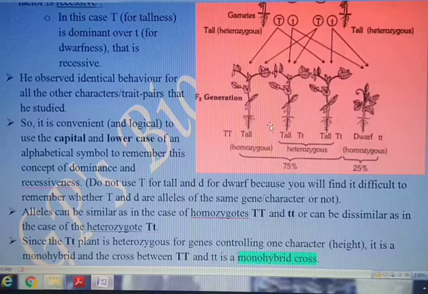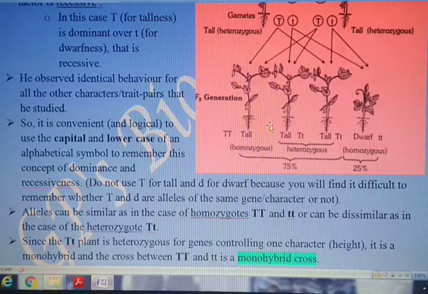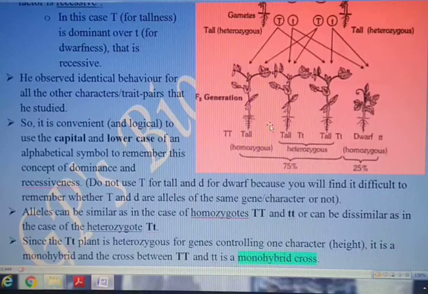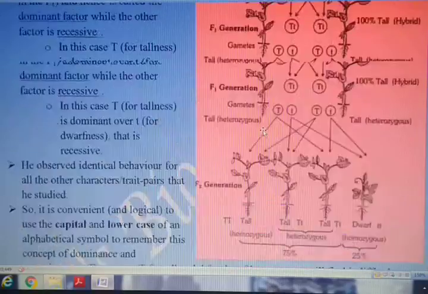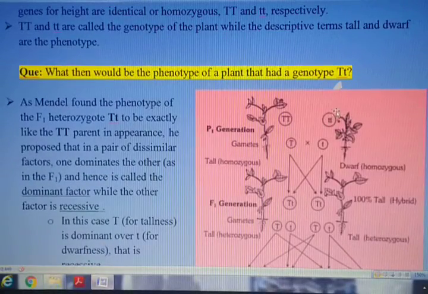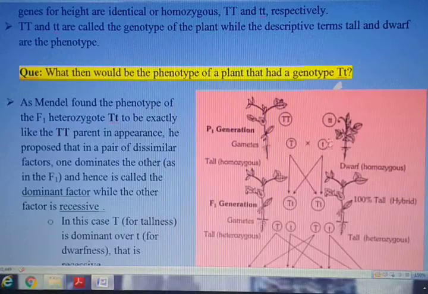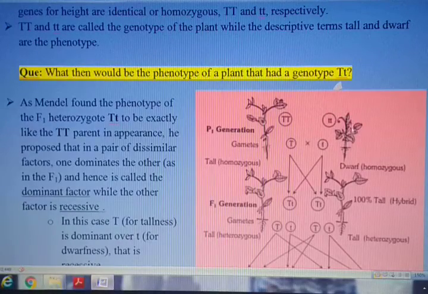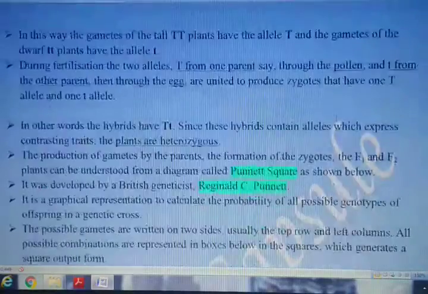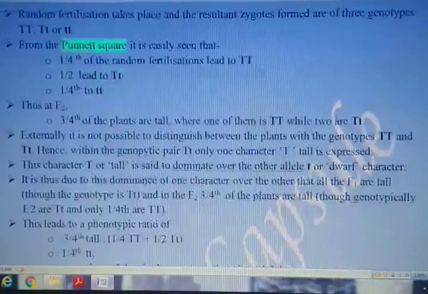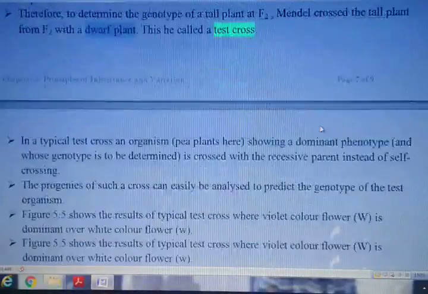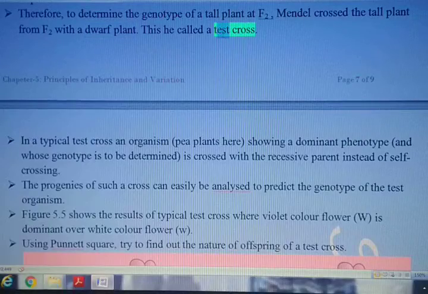But out of those 3, 1 has the genotype capital TT and 2 have capital T and small t. So when he crossed this plant with the recessive parent, homozygous recessive parent, he proceeded further in his experiment, which he called a test cross.